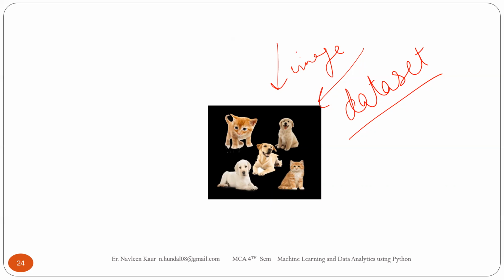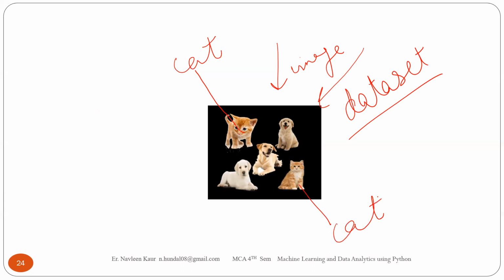I will assign labels by looking at the shape of the creatures, the height, the shape of the ears, and the color of the eyes, and I will say that this is a cat. This is one label. According to me, this is a cat.